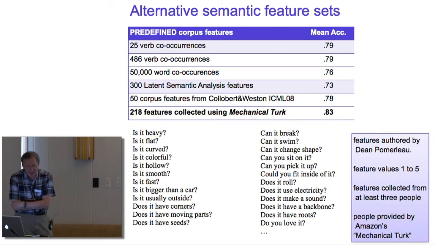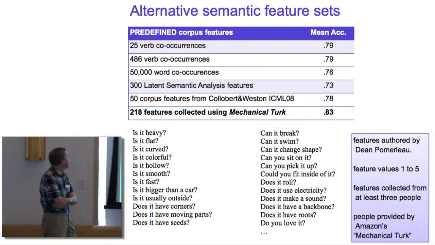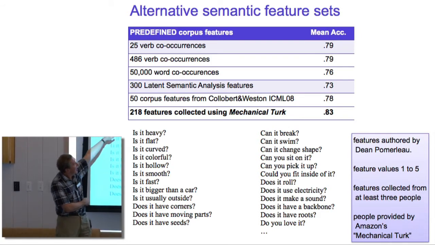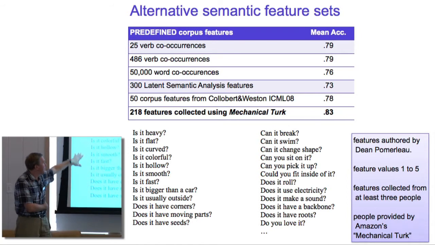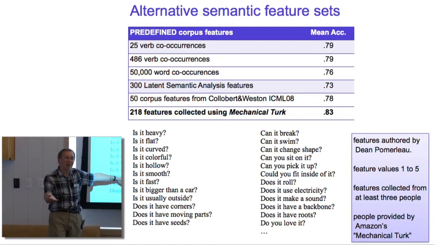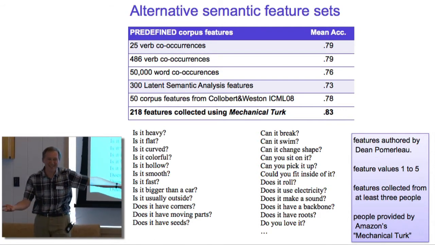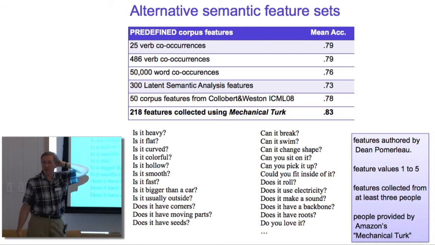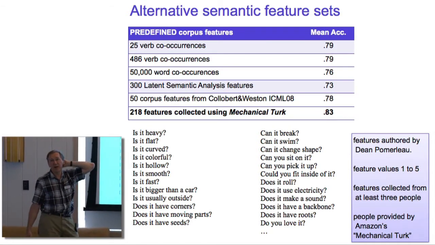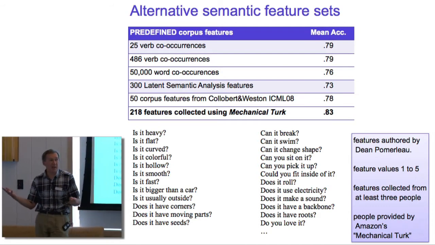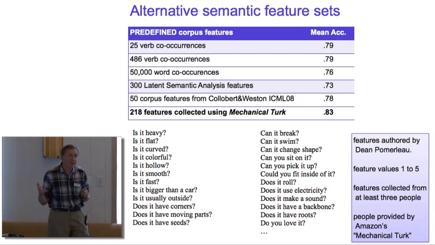And then one day, Dean Pomerleau, who is part of this research project, came in and said, I found something that works better. And what he had done is come up with a set of 218 questions, very similar to the ones that you would think of if you were playing 20 questions. And he had gone to Amazon's Mechanical Turk service. He had gotten people there to answer these 218 questions for 1,000 common nouns in English.